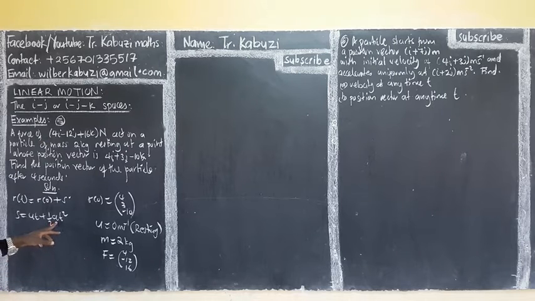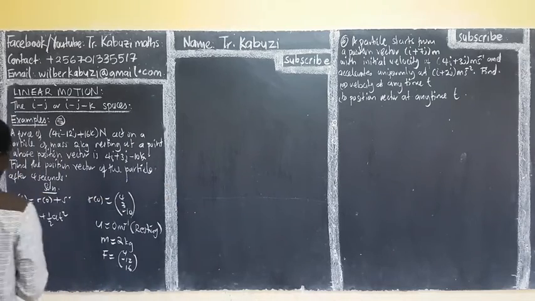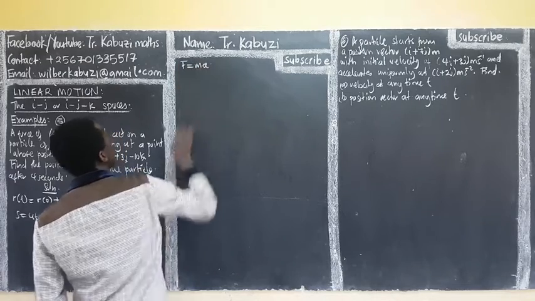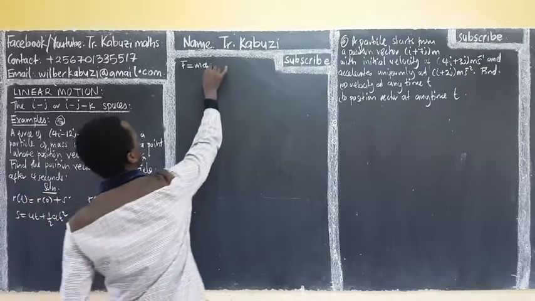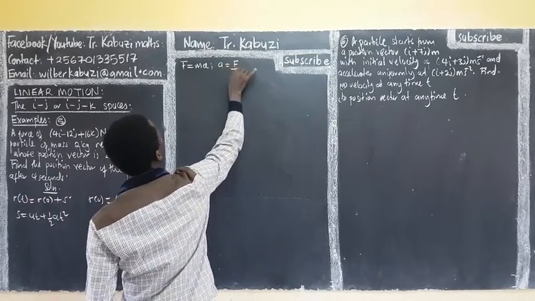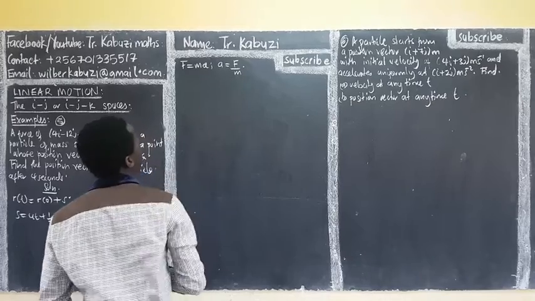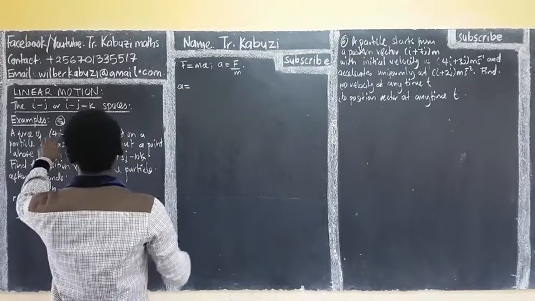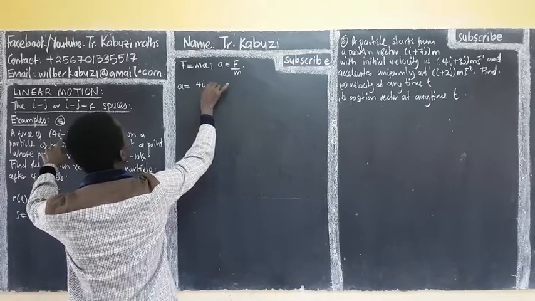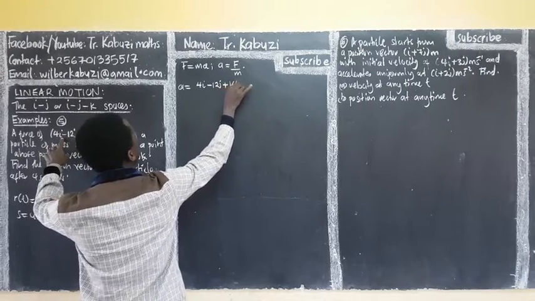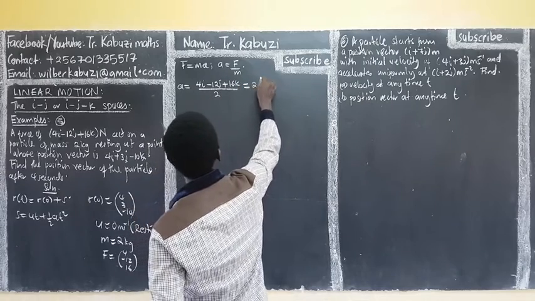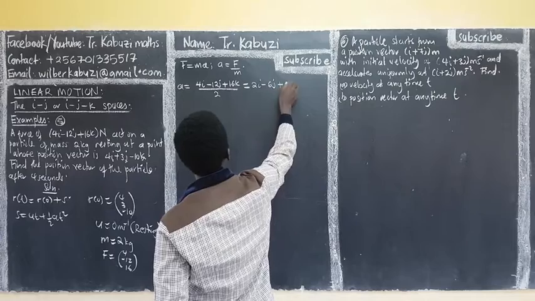How can we get that acceleration from here? You know that force is equal to mass times acceleration. So if we need acceleration, you can easily set a equal to force over the mass. So our acceleration is going to be our force, which is 4i minus 12j plus 16k, the whole over 2, which is going to give us 2i minus 6j plus 8k.